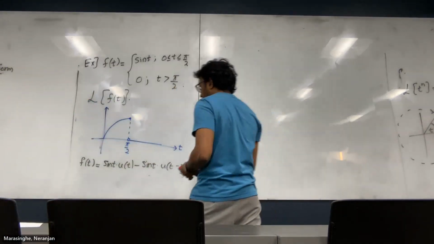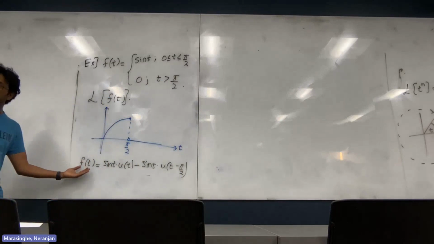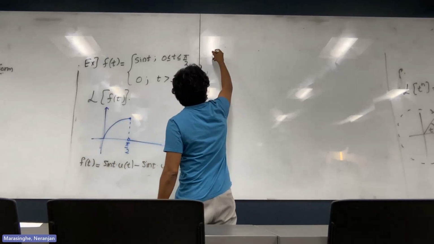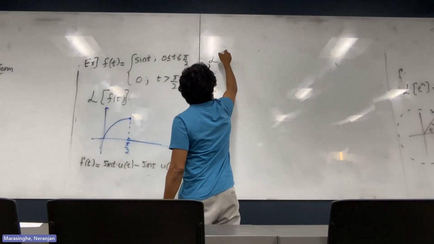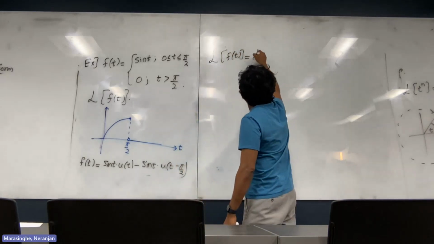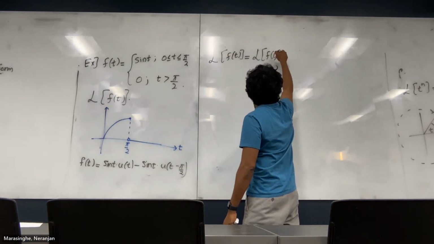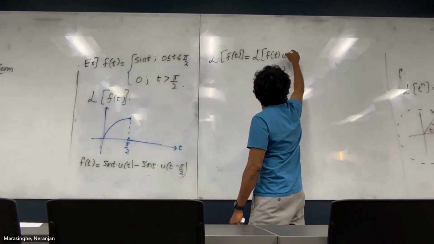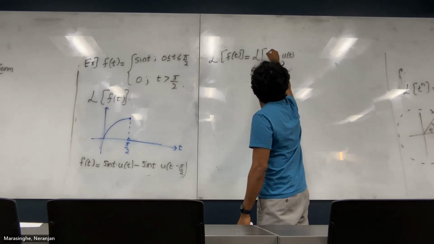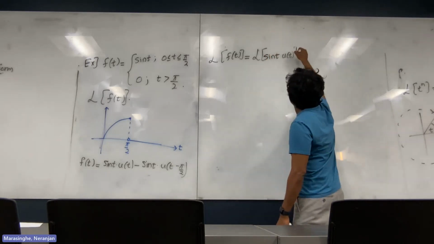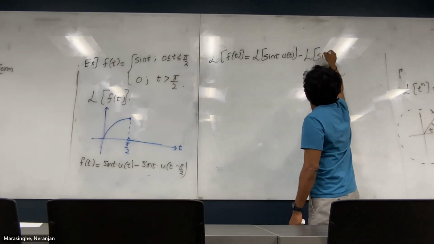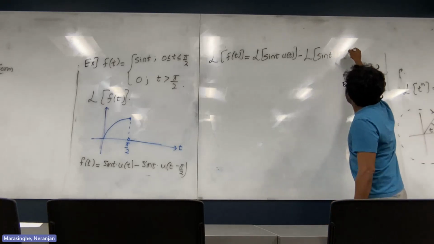So let's take the Laplace transform on both sides, and I will apply the linearity also. The Laplace transform of my function f(t) is equal to the Laplace transform of sin t u(t) minus the Laplace transform of sin t u(t minus pi divided by 2).